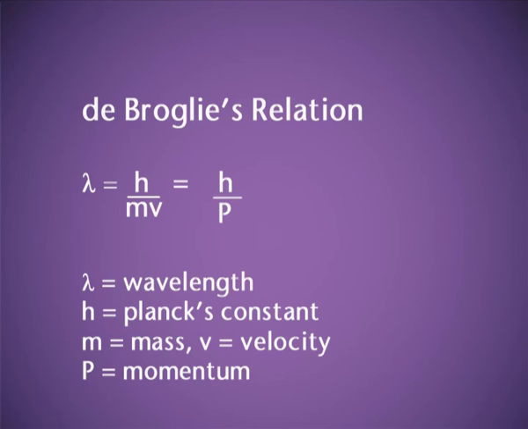And momentum is equal to mass into velocity, so we can also write λ = h/mv. From this relation, it's very much clear that wavelength is inversely proportional to mass. If the mass is higher, then wavelength will be small.